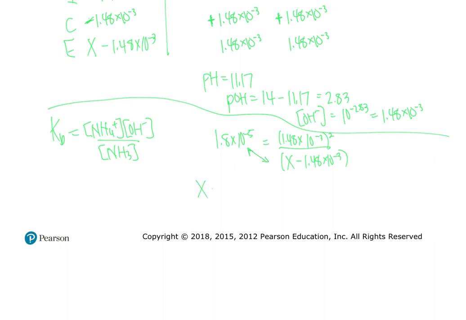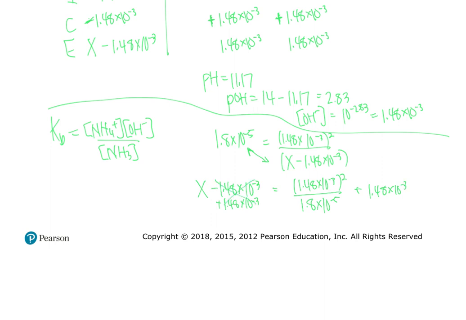So I get x minus 1.48 times 10 to the negative 3rd equals the products, 1.48 times 10 to the negative 3rd squared, over my Kb, 1.8 times 10 to the negative 5. Then I'm going to add 1.48 times 10 to the negative 3rd to both sides.